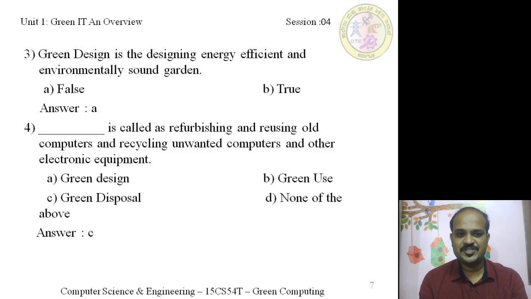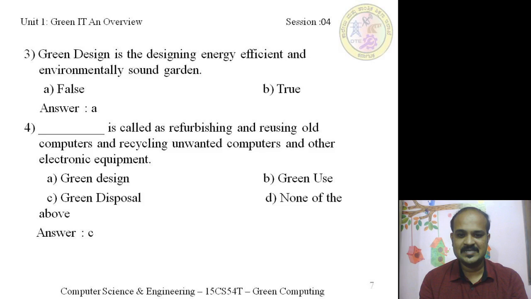Next, fourth question, dash is called as refurbishing and reusing old computers and recycling unwanted computers and other electronic equipment. The options given are green design, green use, green disposal and none of the above.